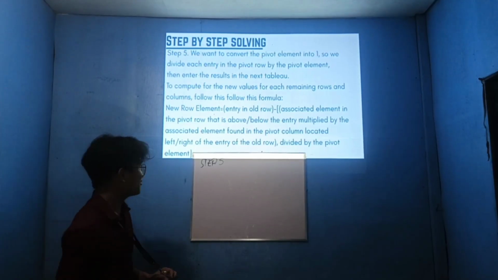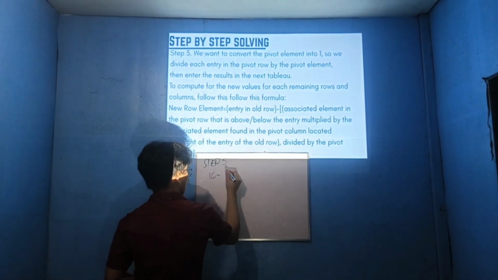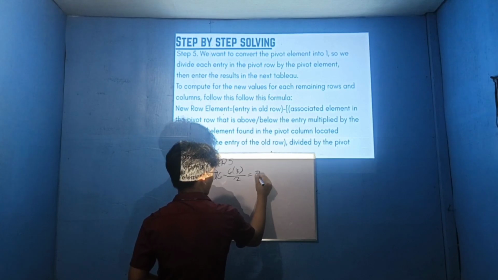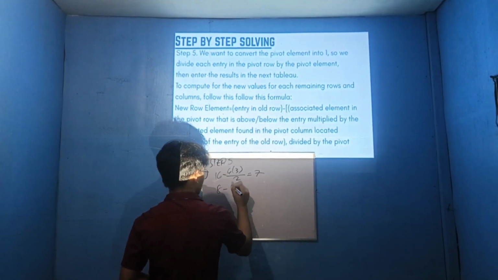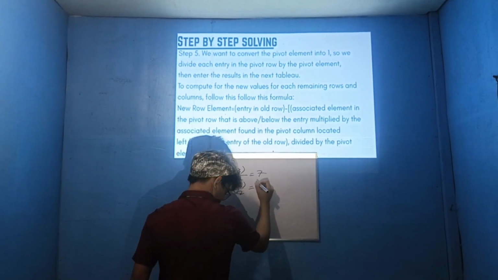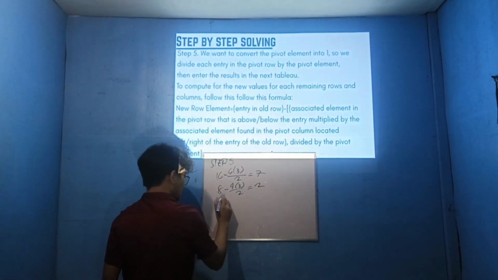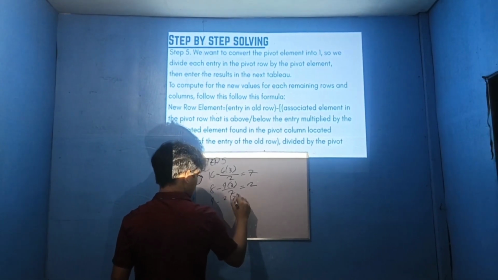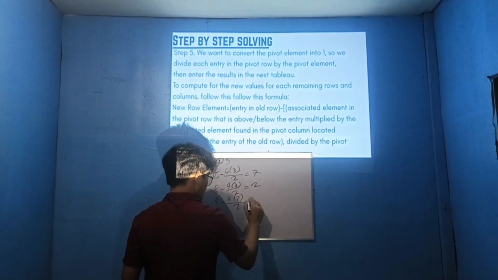Here in step 5, we need to compute 16 minus 6 times 3 over 2, which is equal to 7. And 8 minus 4 times 3 over 2 is equal to 2. And 4 minus 2 times 3 over 2 is equal to 1.